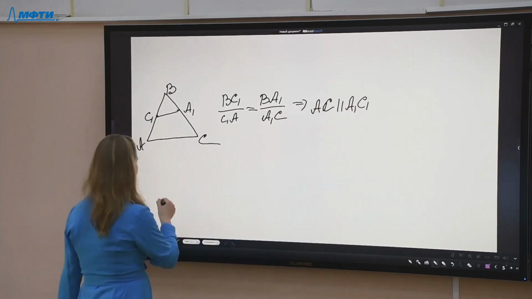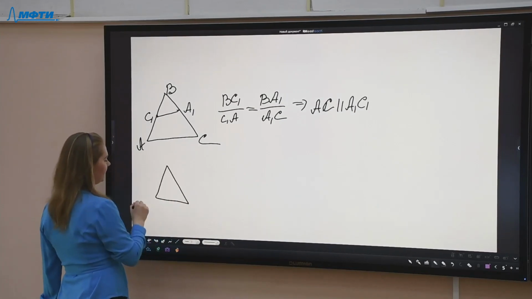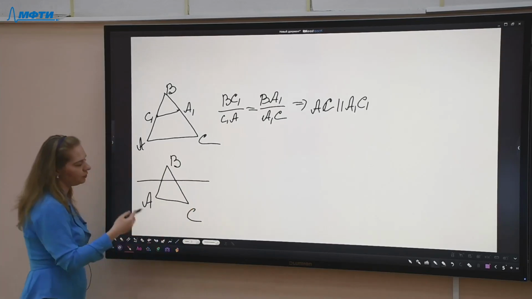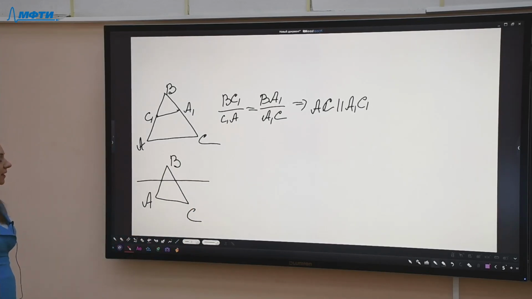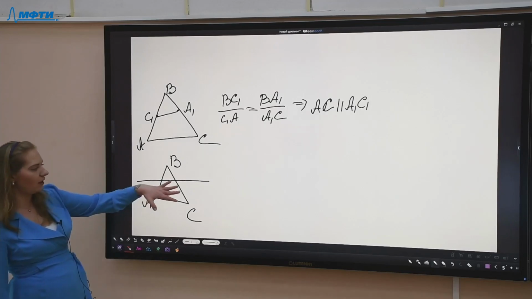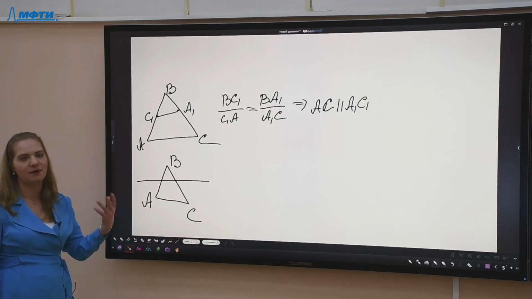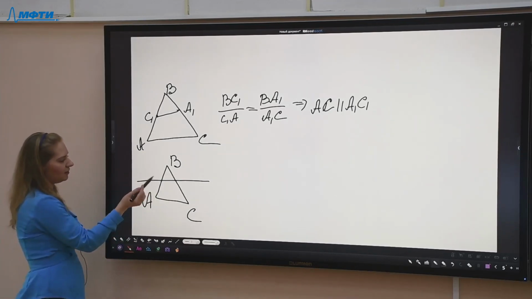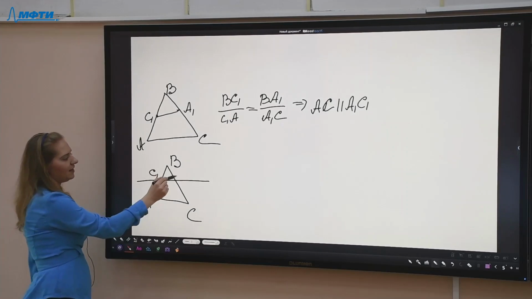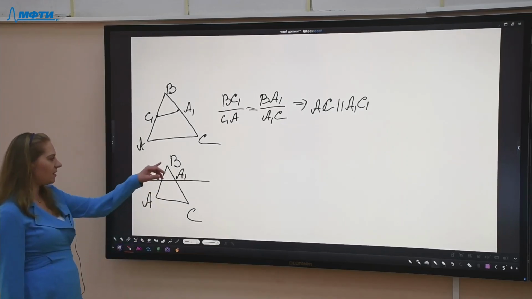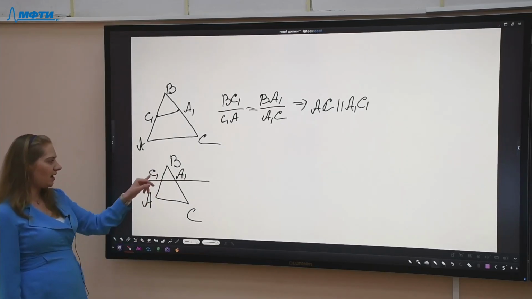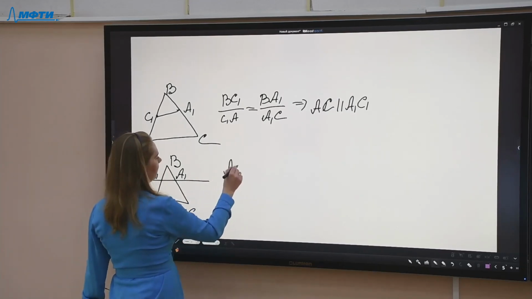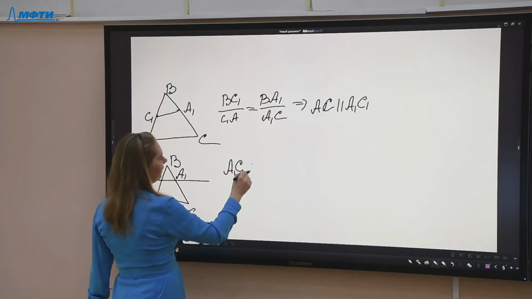And vice versa, if we take a triangle ABC and we take a line which is parallel to one side, this parallel line will divide the two other sides proportionally. So if it intersects AB at C1 and intersects BC at A1, it means that BC1 over BA is BA1 over BC. So again, we have that A1C1 is parallel to AC.